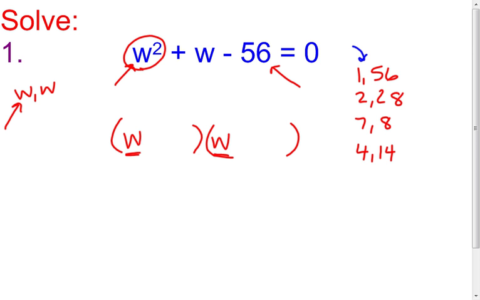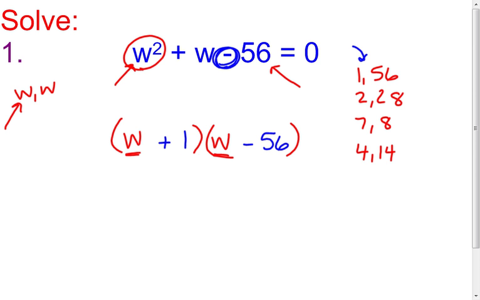So I know that I could have 1 and 56, 2 and 28, 7 and 8, 4 and 14, and you just have to play. So I'm going to put 1 and 56 right here, okay? Notice this is a negative sign, and the way to get a negative when you multiply 2 numbers is to have 1 positive and 1 negative, and we may need to switch those around, just so you know.